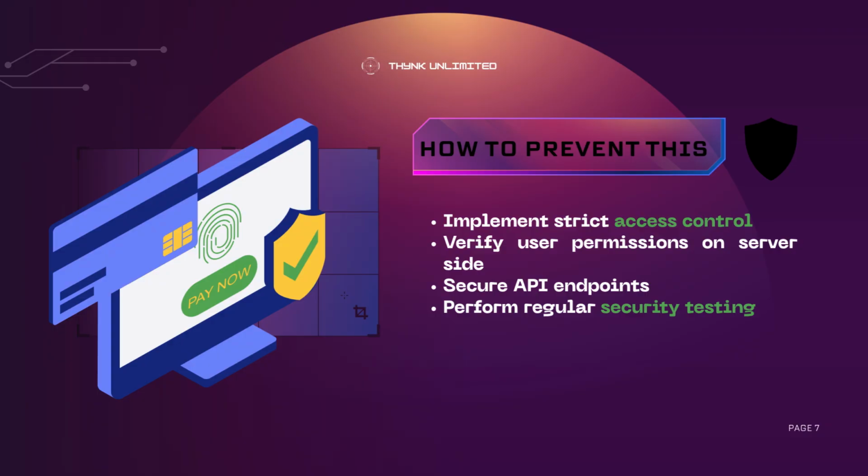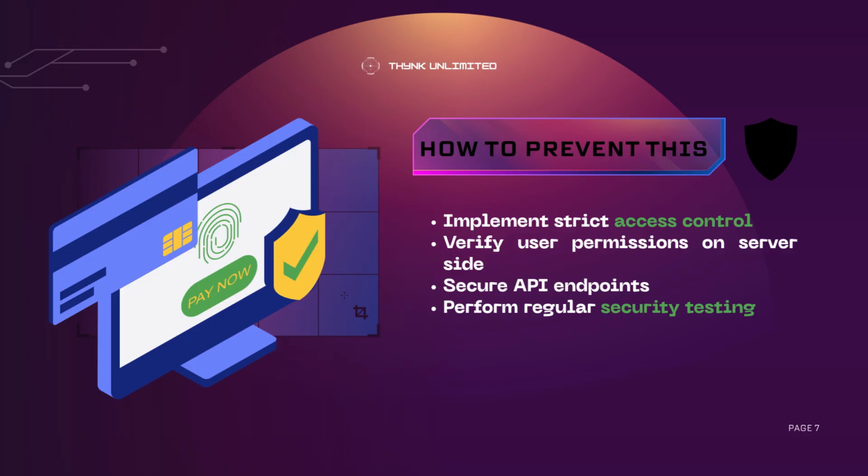This issue can be prevented by implementing strict access control mechanisms in the system. The server must always verify whether a user is authorized before providing access to any sensitive data. Developers should ensure that proper authorization checks are applied at every level of the application, especially in backend APIs. Securing API endpoints is very important, as they are often targeted by attackers.